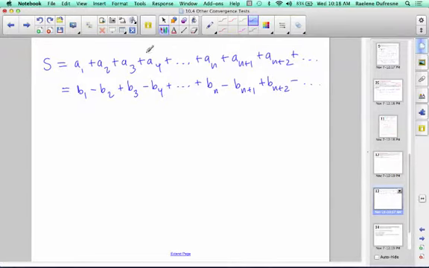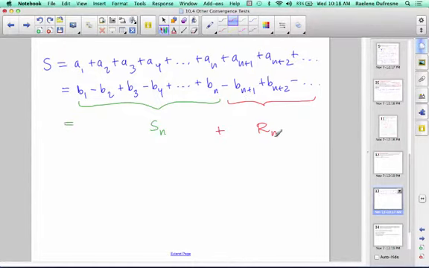And we know that this first part here, the sum of the first n terms is called Sn, and then the remaining infinite series is the remainder after the first n terms called R sub n. Even though it's the beginning of the n plus first term, we don't call it R sub n plus 1.